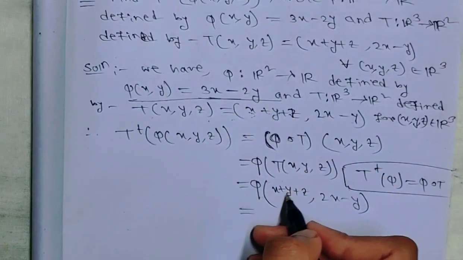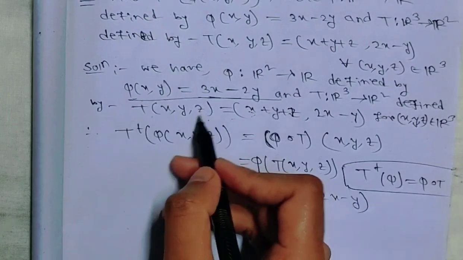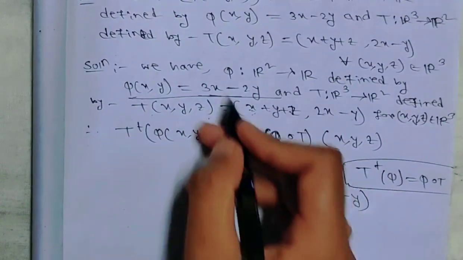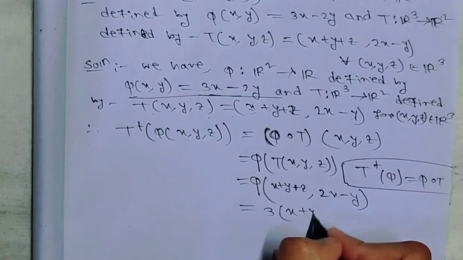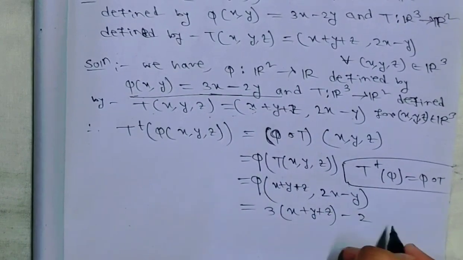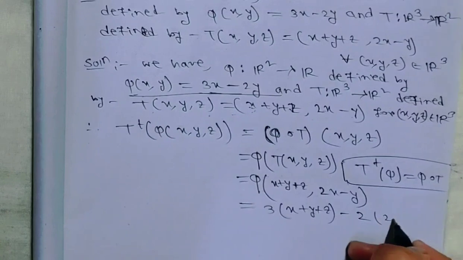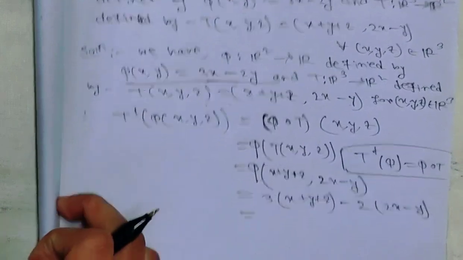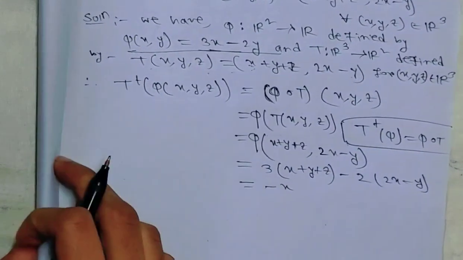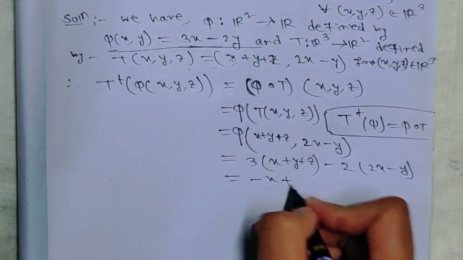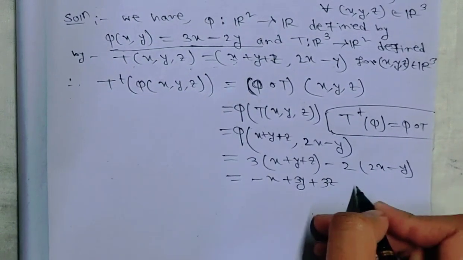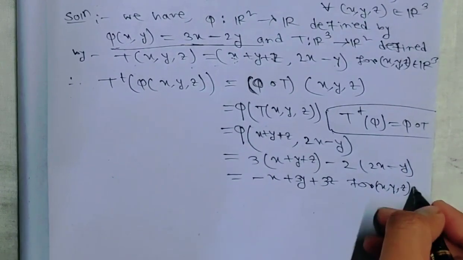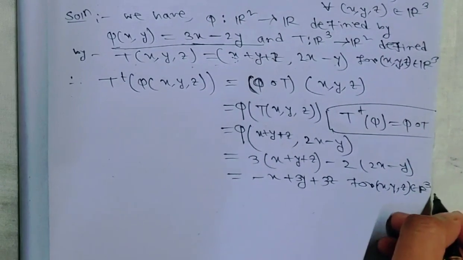So 3 times x plus y plus z, minus 2 times 2x minus y. That is equal to minus x plus 3y plus 3z, for x, y, z belonging to R3.